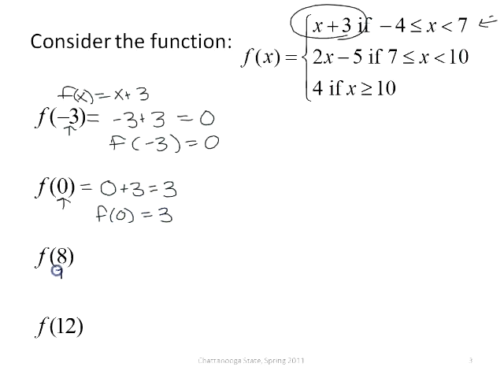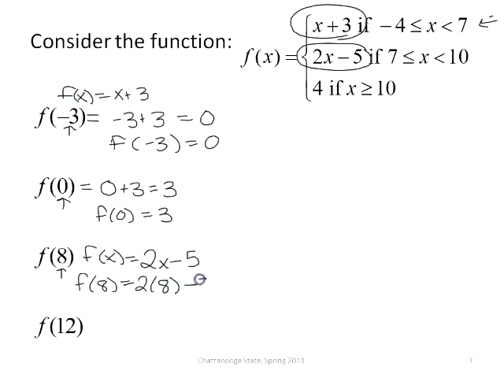Now if I want to use an x value of 8, 8 falls within this domain. So to find f of 8, I have to use this part of my function, f of x equals 2x minus 5. So f of 8 would be 2 times 8 minus 5, which is 16 minus 5, which is 11.